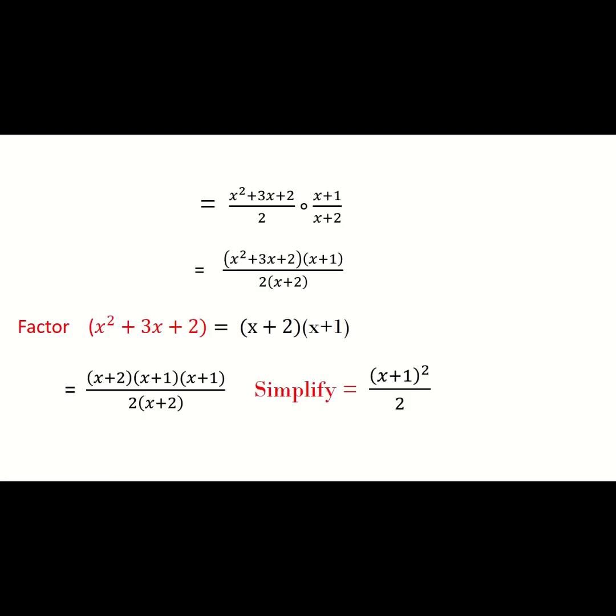Right here, what we're going to do before we simplify this problem is take this side, x squared plus 3x plus 2, and factor it. It became this way.